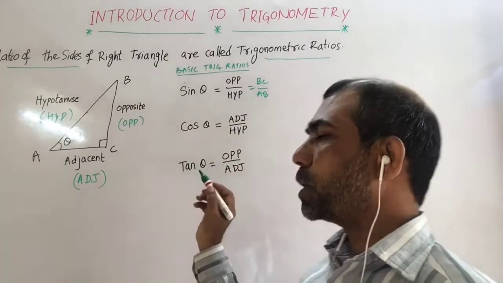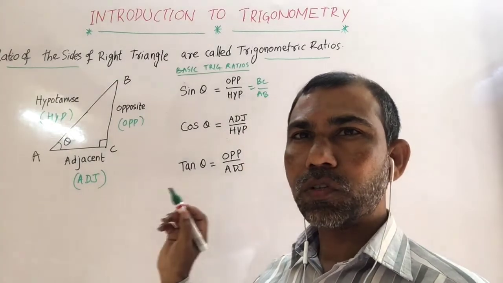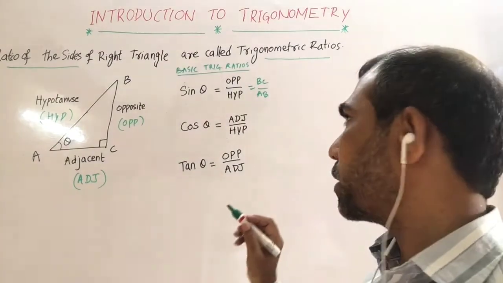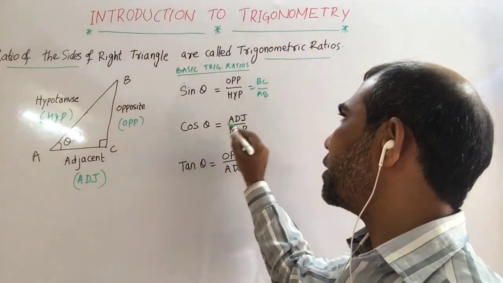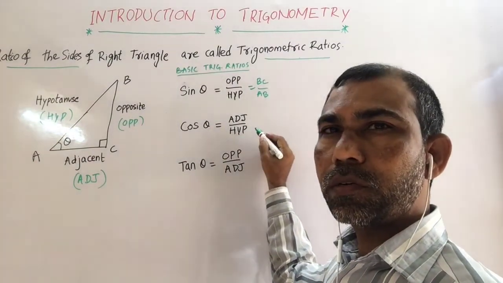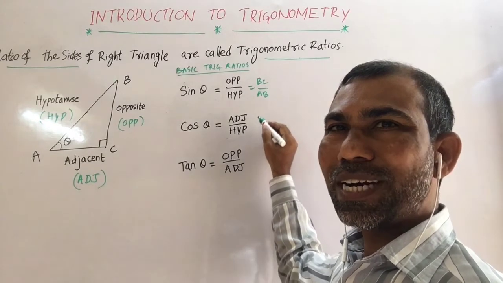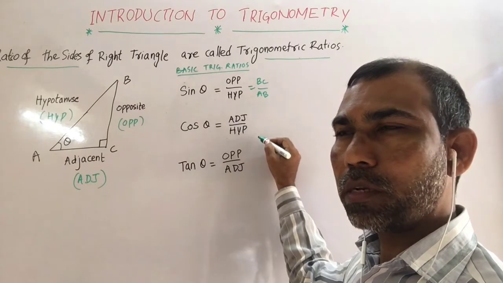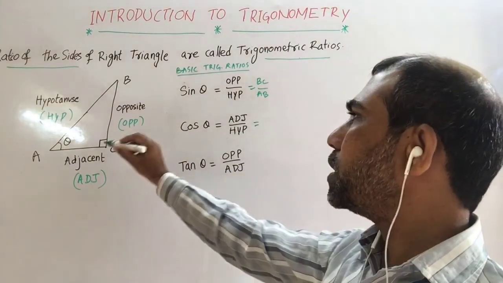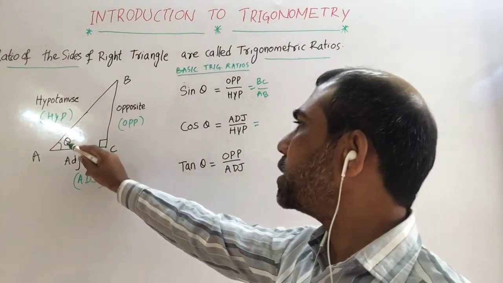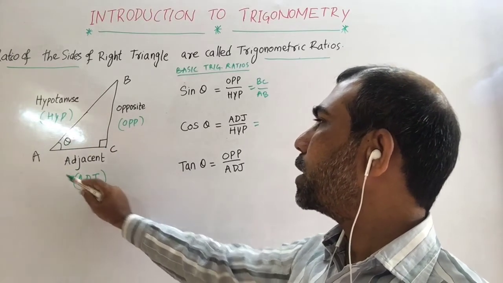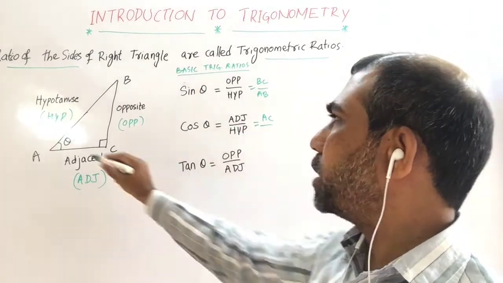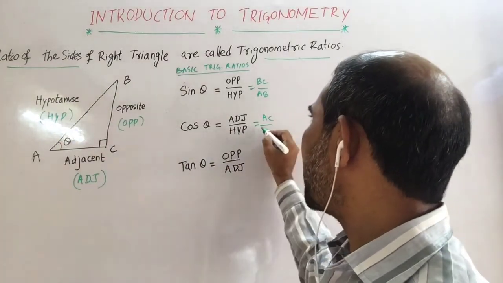Similarly, the other trigonometric ratio is cosine theta, shortly cos theta. Cos theta is the ratio of the adjacent side to theta to the hypotenuse. Here in this triangle, the adjacent side to theta is AC over hypotenuse AB.